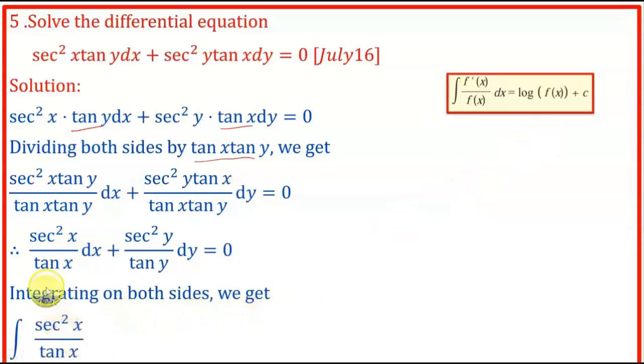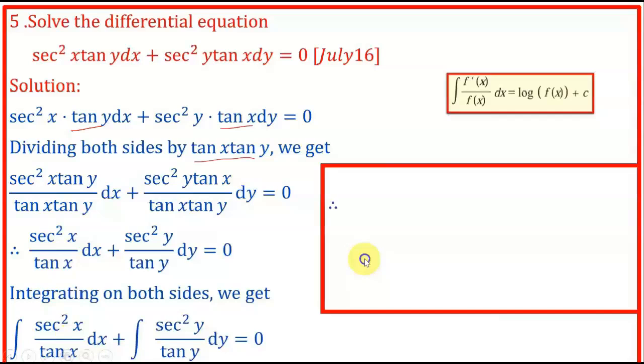Similarly here, what is the derivative of tan x? It is sec square. Okay, and that's equals to integrating. Therefore here the log of tan x plus log of tan y is equals to, again I will write here first, when we take the integration you must have c. Okay, and hence we take it as log of mod of c.